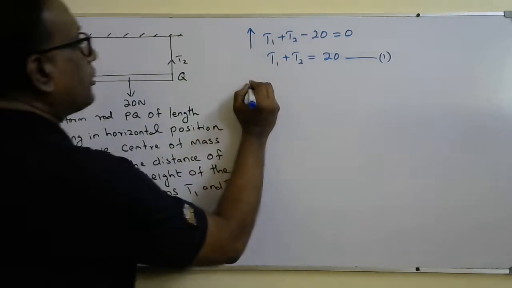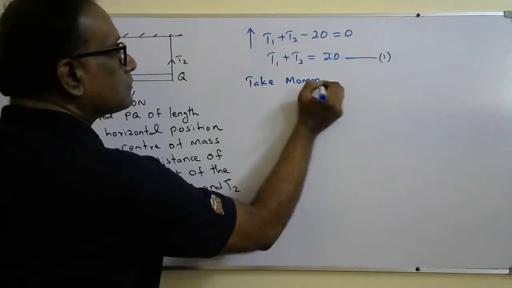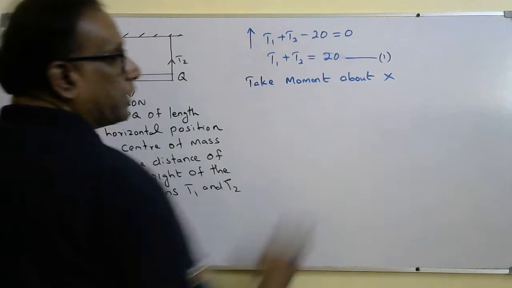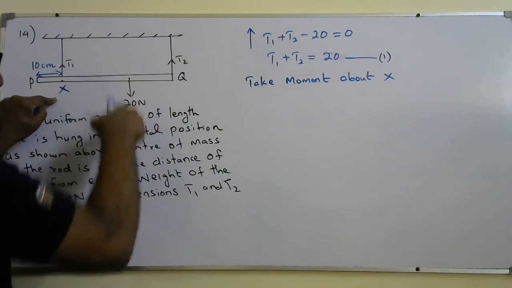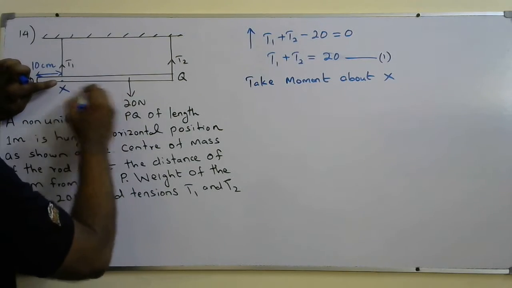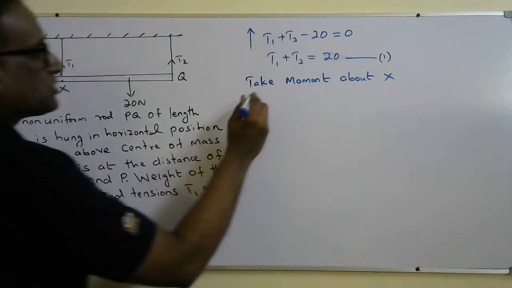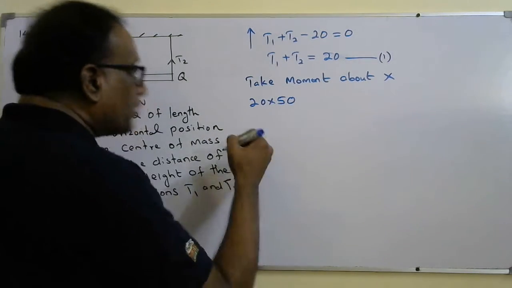So I'll take moment about x. You know, moment means force into perpendicular distance. So the weight is acting 20 downwards. The perpendicular distance of weight from x is 60 minus 10, 50. So 20 into 50, which is clockwise direction.